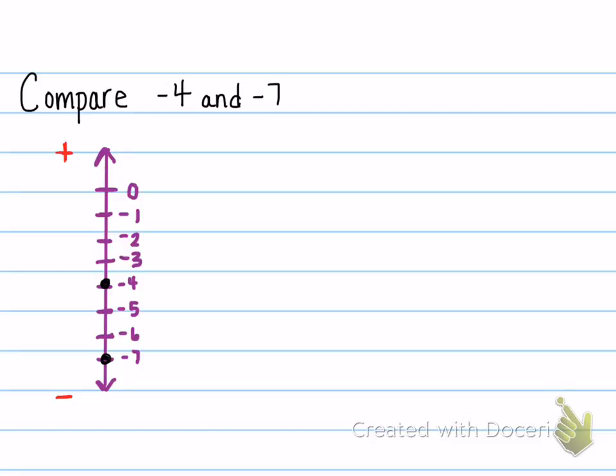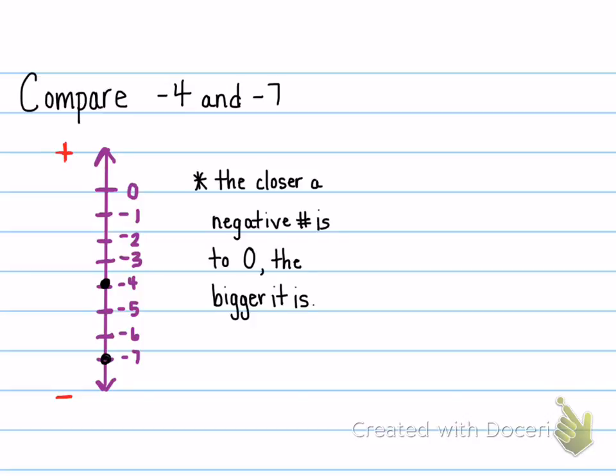And I have to realize when you're looking at two negative numbers, the closer a negative is to 0, the bigger the number is. Please make sure you get that written down. You have to think about the fact that the closer it is to 0, the closer it is to the positive numbers, so the bigger it is.